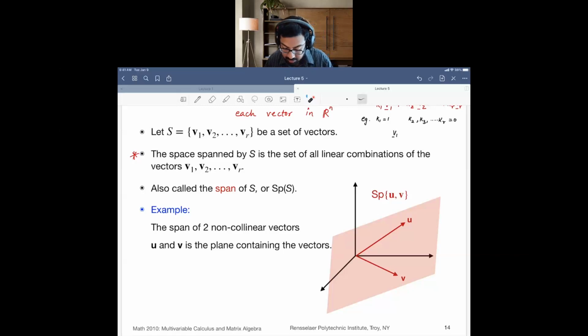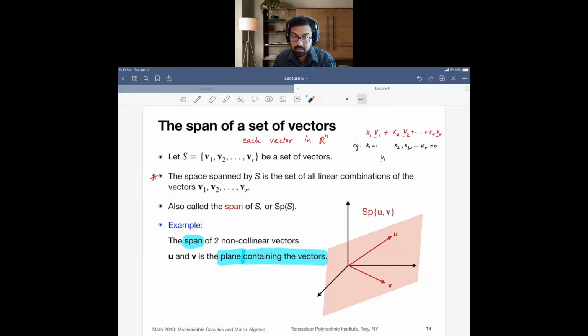So the span of U comma V is going to be the one that is highlighted over there as a parallelogram, but it's in 3D. It's a plane in 3 dimensions. All right. So that's a span, right? Span equals linear combination of vectors. As simple as that. Any linear combination.